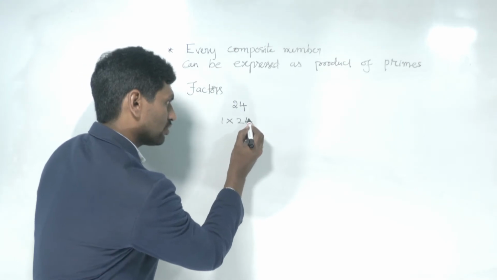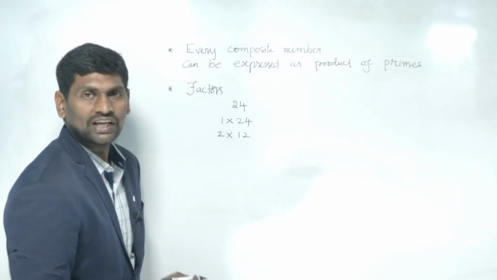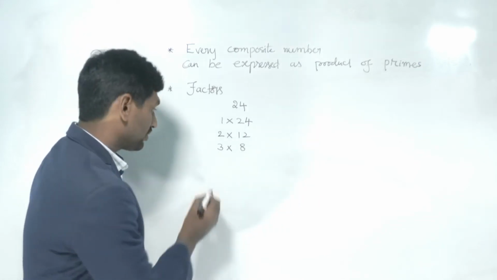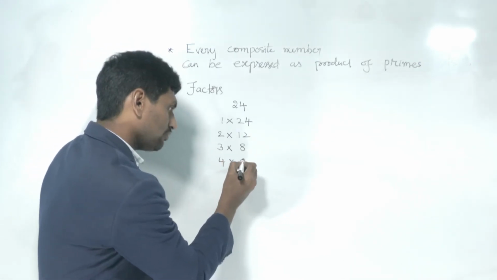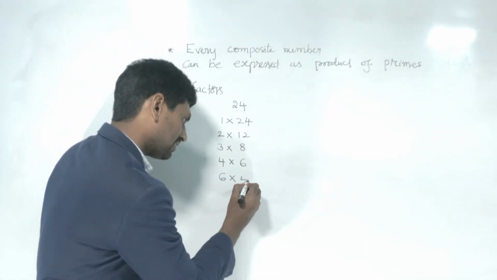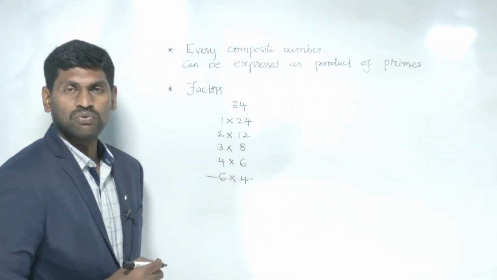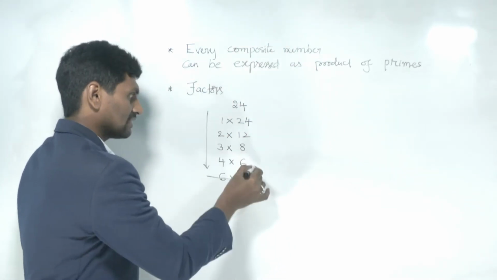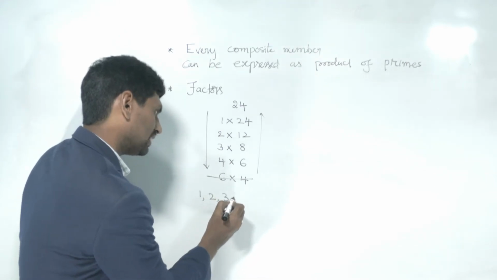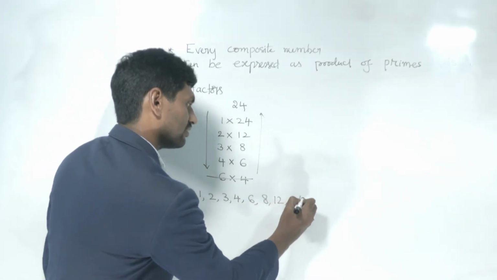One table, 24 times. Two table, 12 times. Three table, 8 times, 3 8s are 24. Four table, 4 6s are 24. Five table won't come. Six table, 6 4s are 24; 4 6s and 6 4s are the same, it is repeating, so we stop here. The factors are 1, 2, 3, 4, 6, 8, 12, 24.